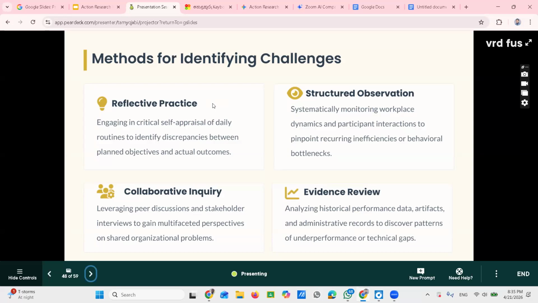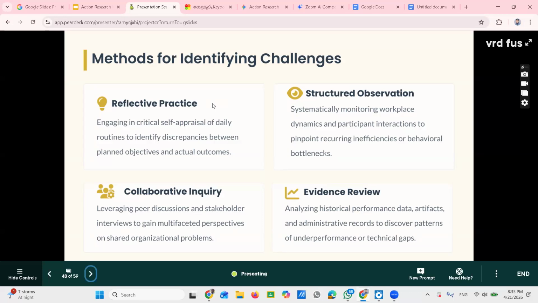After you select your participants, there are various other parties connected with the participants, like their parents, peers, the previous teachers. You can collaboratively discuss with them to learn more about the problem.